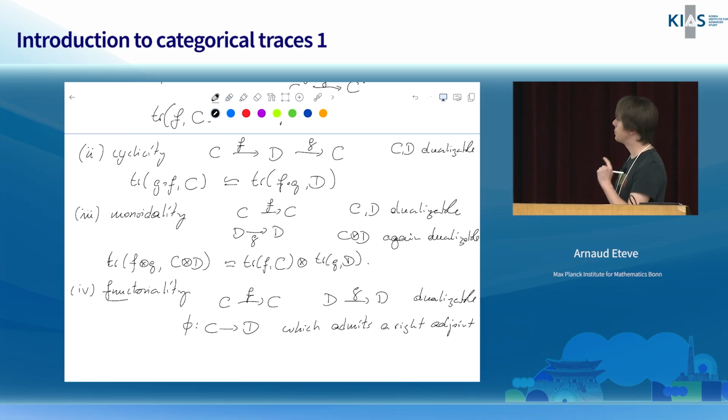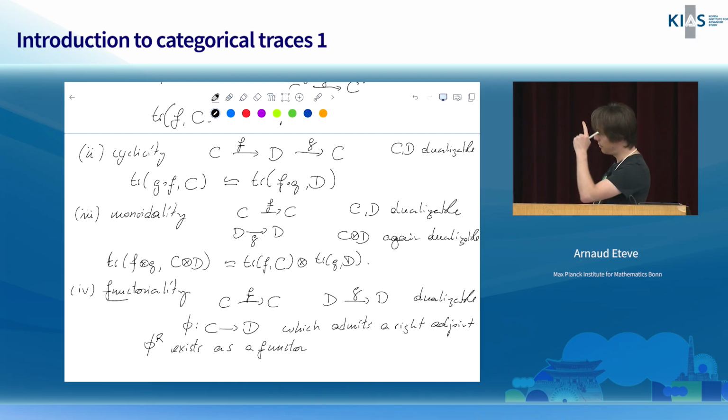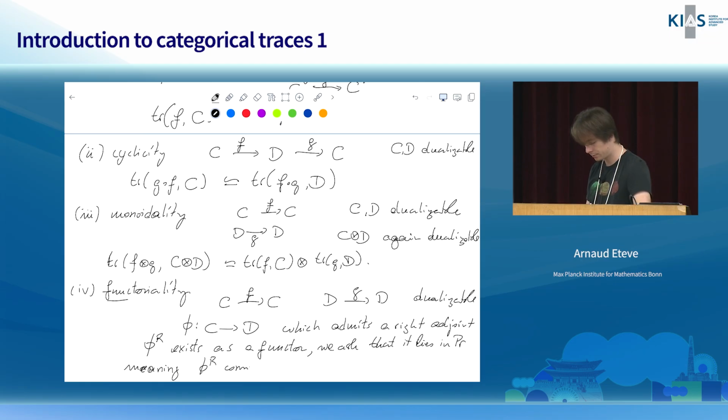Exactly. So, which means the following. Phi R exists as a functor, but I want this phi R to be also in PR, meaning that phi R commutes with colimits.